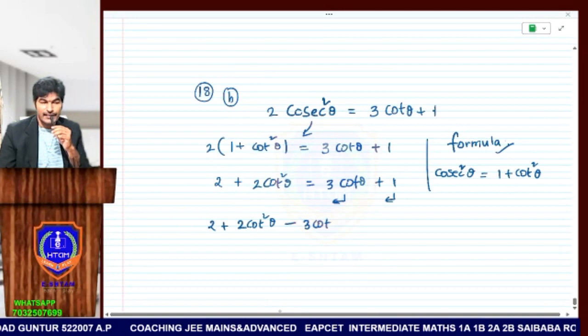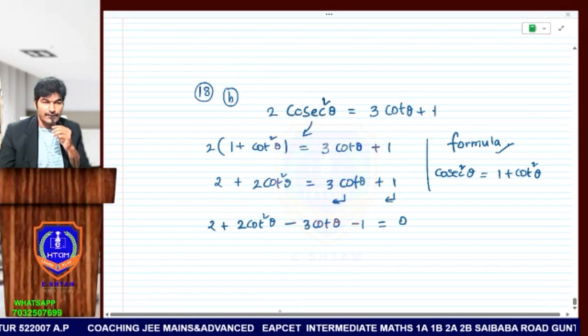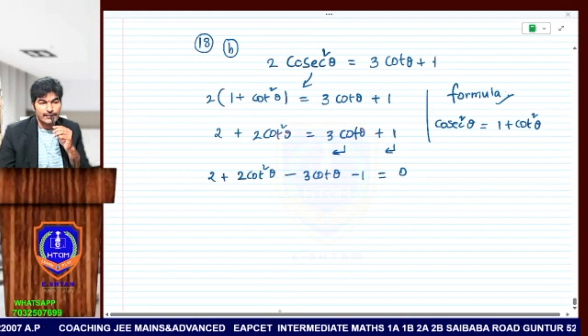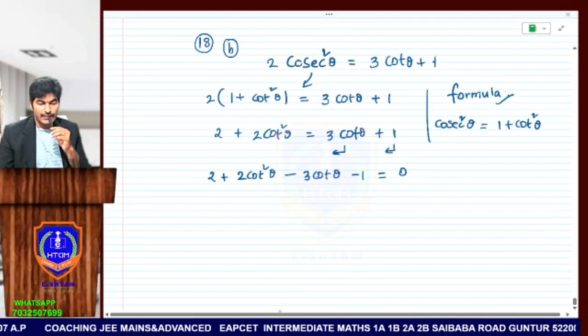Actually, in the right hand side they are positive terms, so when moving they will be negative terms. So minus 3 cot theta. This plus 1 becomes minus 1, which is equal to 0.